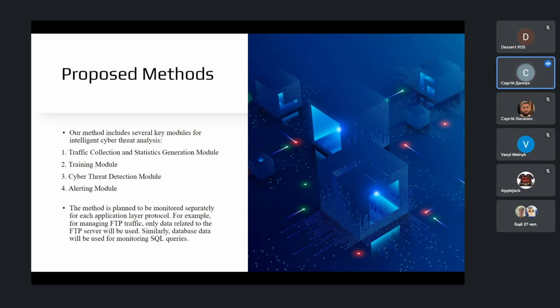The method is planned to be applied separately for each application layer protocol. For example, for monitoring FTP traffic, only data related to the FTP server will be used. Similarly, database data will be used for monitoring SQL queries.